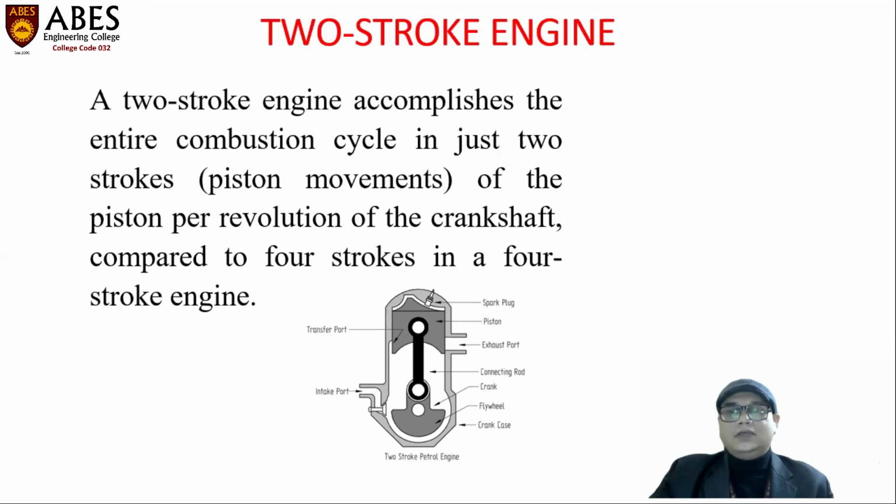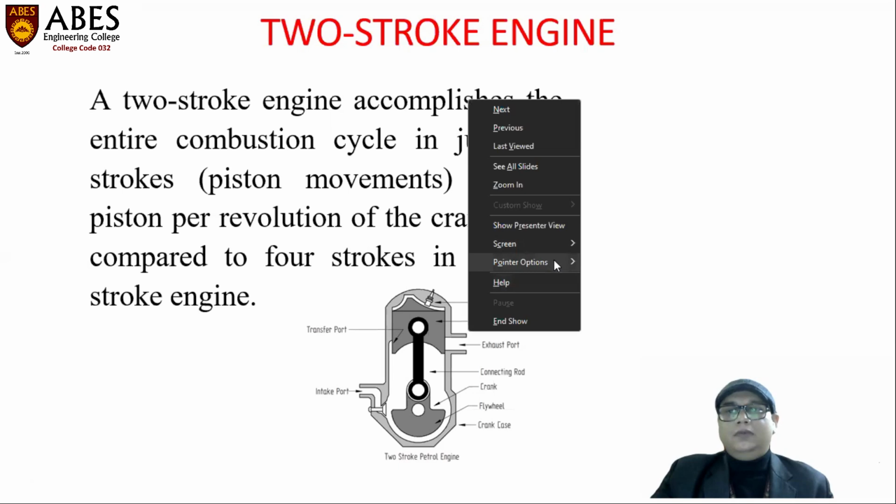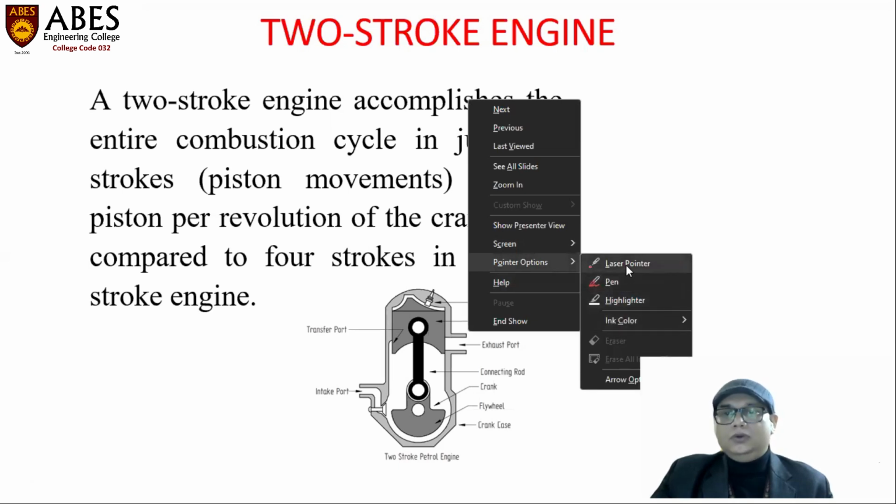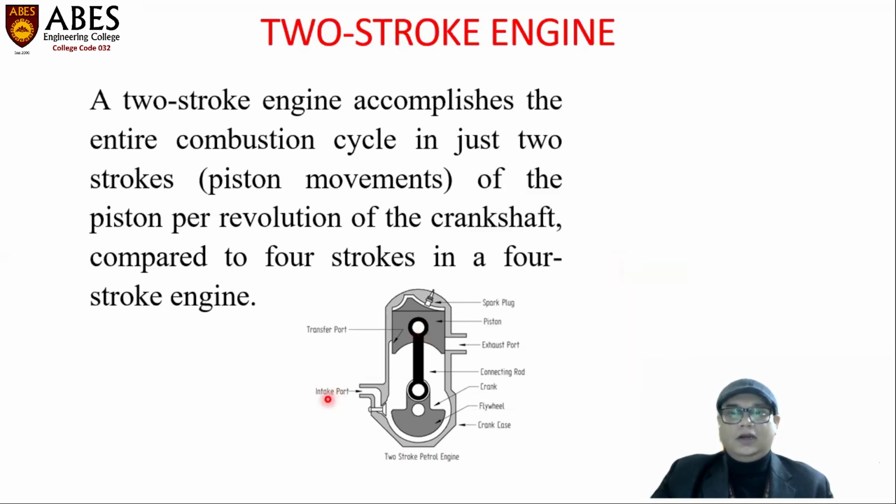As we can see in the figure below, it shows the various parts of the two-stroke engine, starting with the cylinder head, spark plug, piston, transfer port, exhaust port, intake port, flywheel, crank, connecting rod, and crankcase.